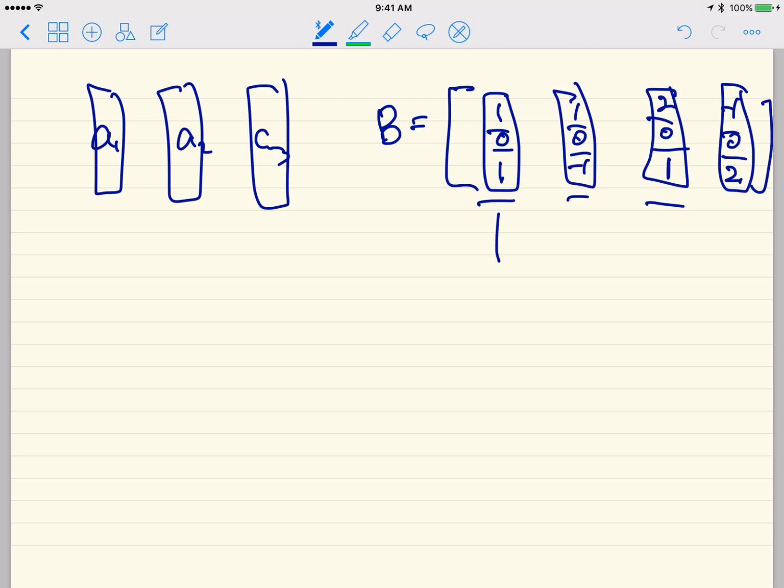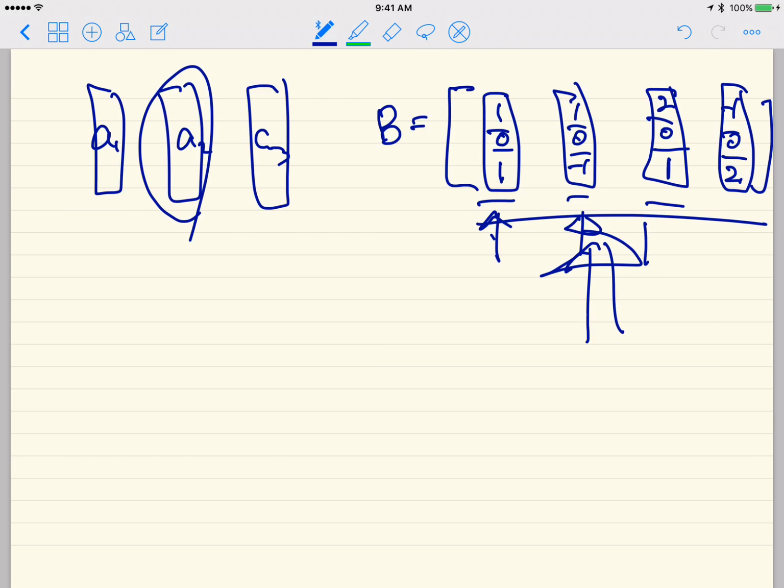And still, each of these four vectors will not involve A2, right? So linear combinations of these four linear combinations will still have no A2. It will not contain this A2.